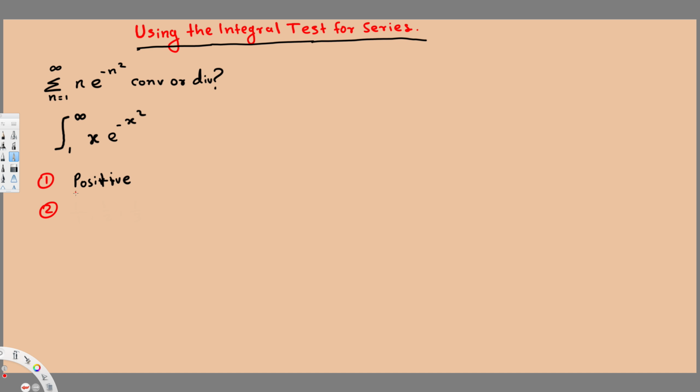If you remember from Calculus 1, we take the first derivative, find the critical points, and then check the values after the critical points to determine whether it is decreasing or increasing. If it's positive, it's increasing. If it's negative, it's decreasing. So let's use that technique to figure out whether it is decreasing or increasing.